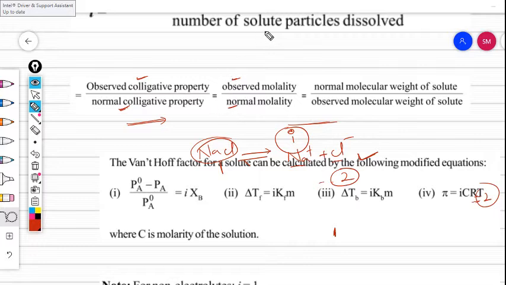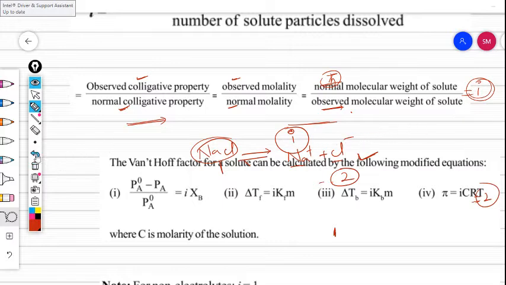These are all proportional, so they will be similar. But molecular weight is inversely proportional, so theoretical or normal molecular weight by the actual or observed molecular weight will be reversed. So these are all different ways of expressing the Van't Hoff factor.